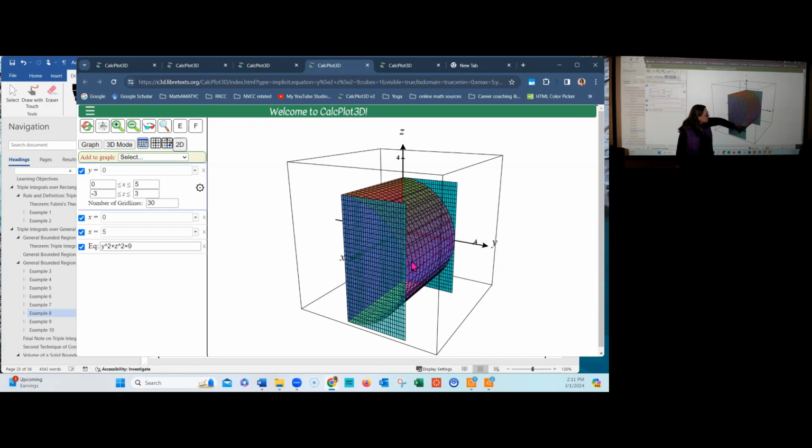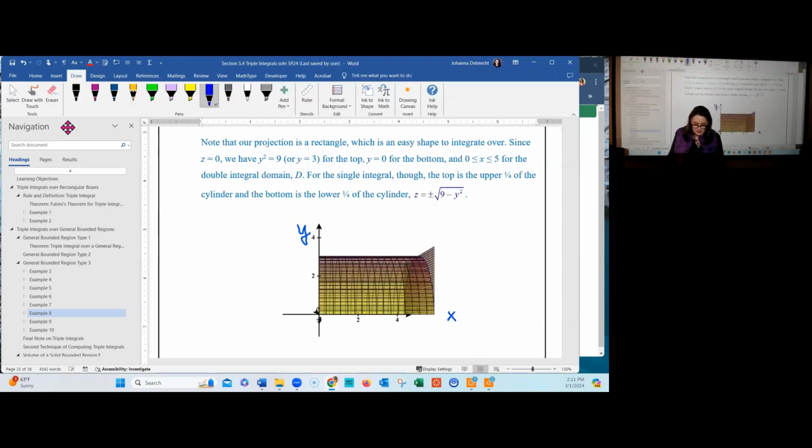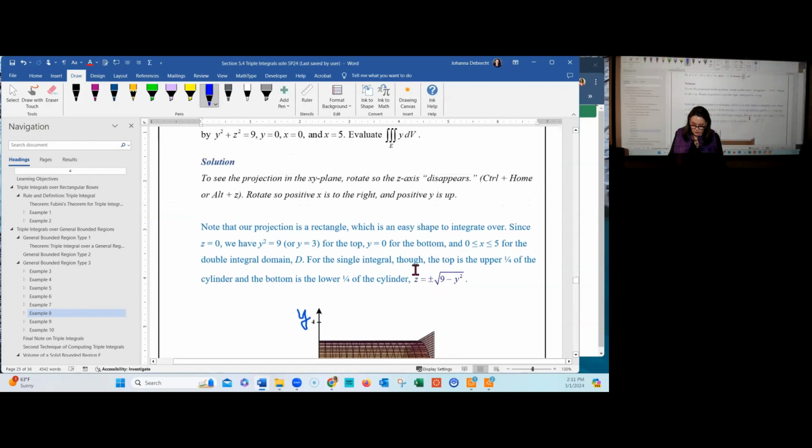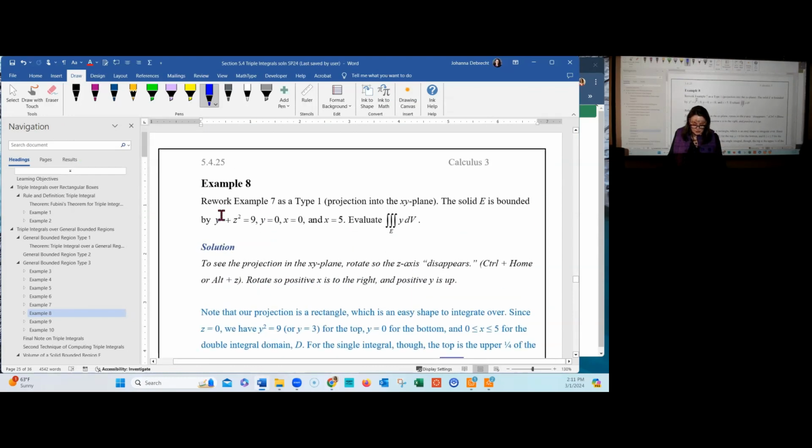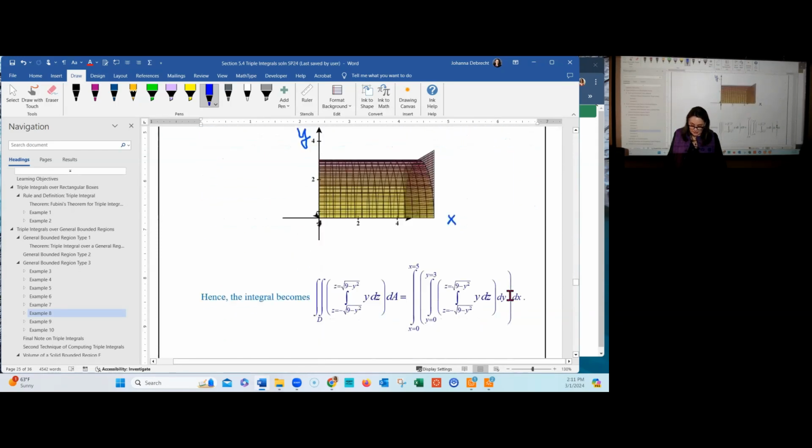And what we have on the lower half is the lower half of the semicircular cylinder. So when we're looking at this, that means that we need to take our equation for the semicircular cylinder, y squared plus z squared equals 9, and solve it for z. And that will give us our limits of integration with respect to z.